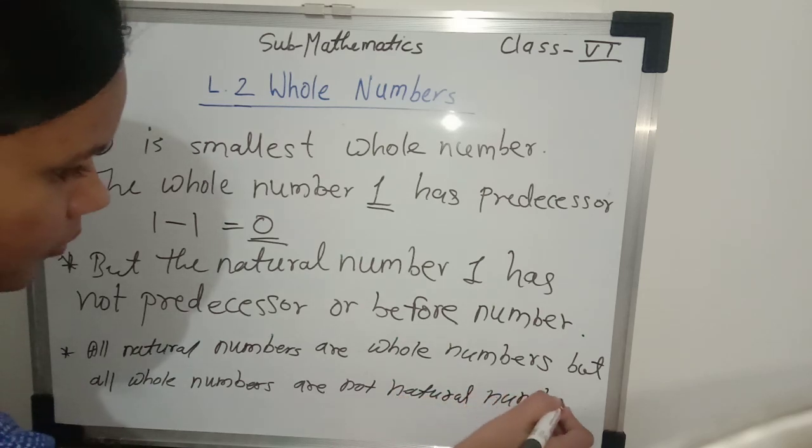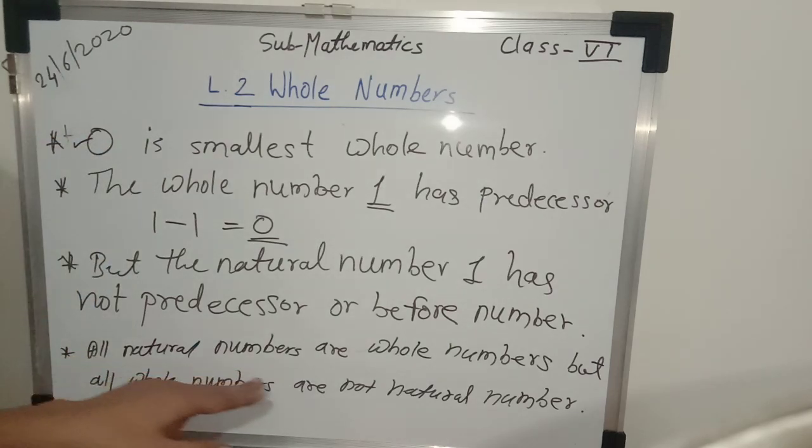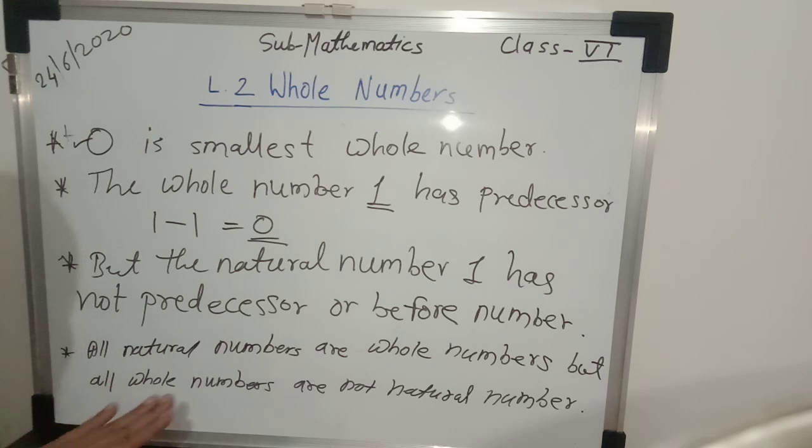And the reason is that in natural numbers 0 is not there, and in whole numbers the counting starts with 0. That's why we can say that all natural numbers are whole numbers, but all whole numbers are not natural numbers. So these points you have to remember. You can note down these points in your notebook, and after the video you can watch it again, pause the video and jot down the important points.